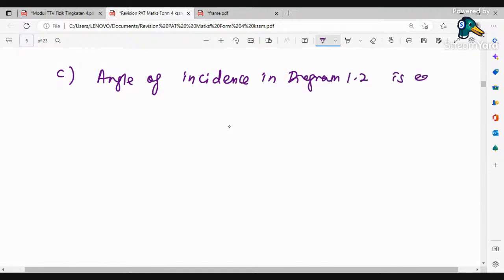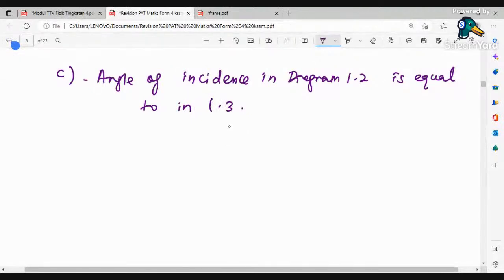First, you compare the angle of incidence. So, yang pertama, angle of incidence in diagram 1.2 is the same as in 1.3.